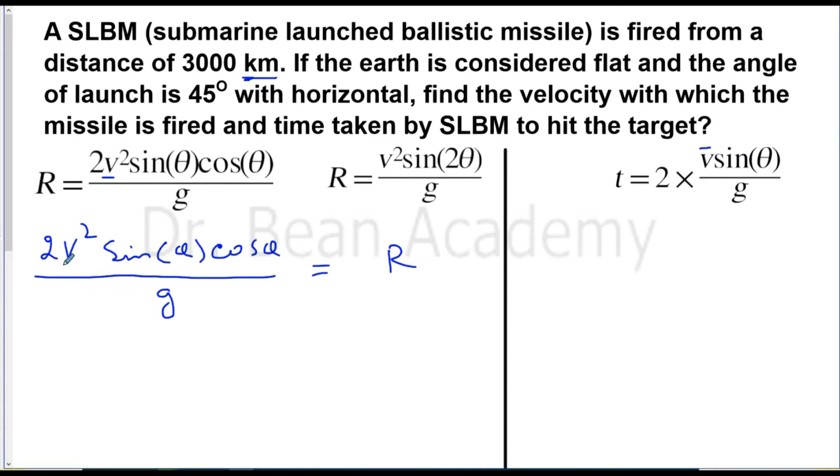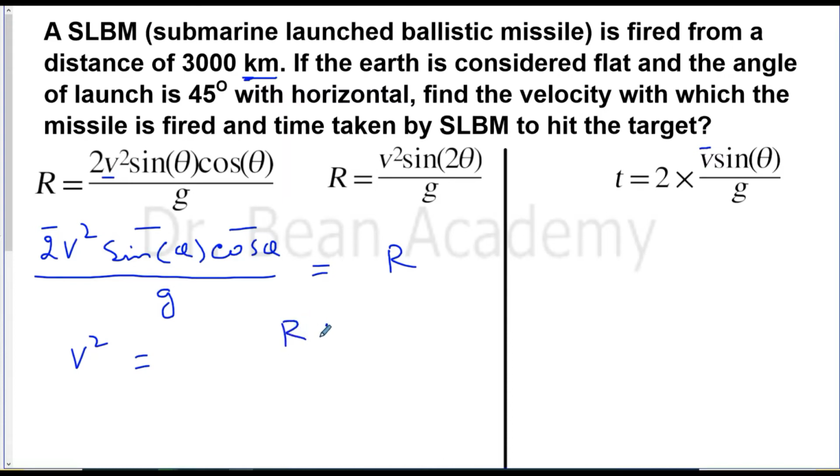And because we need to find the v, I have to rearrange this equation. So I will multiply this equation with g, and I will divide this equation with 2 sine of theta cosine of theta. So I will do both steps in one action.